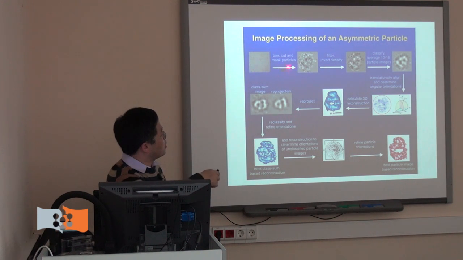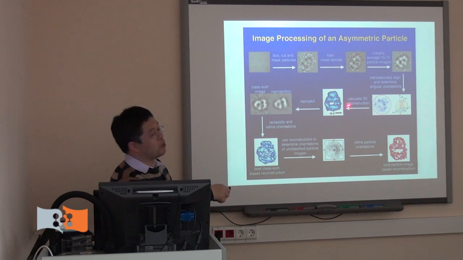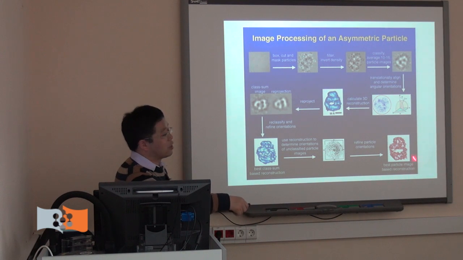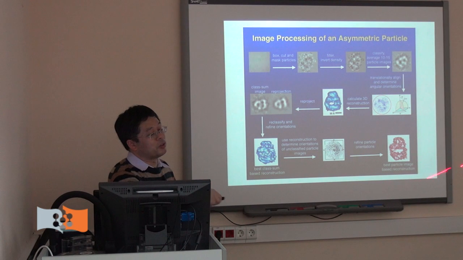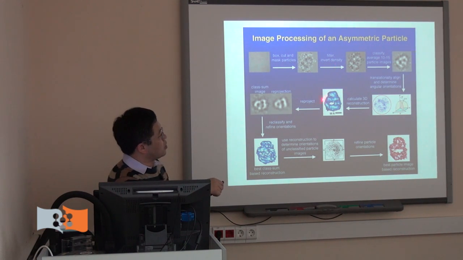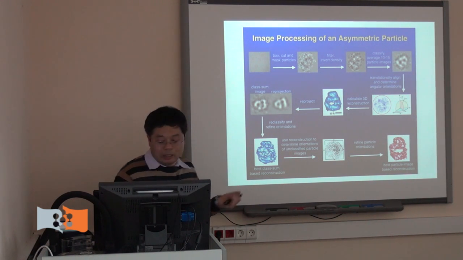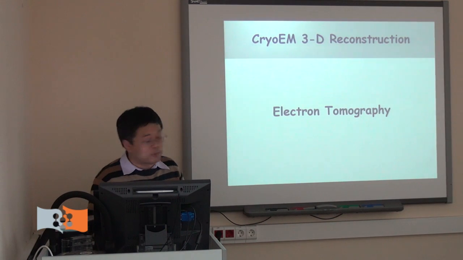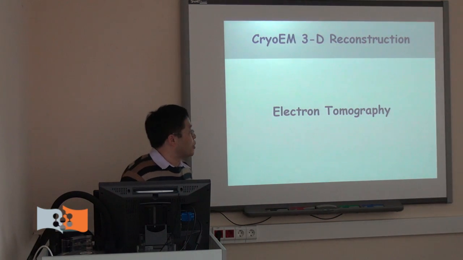You get a coarse 3D model, and finally get the final 3D map. This is an overview of the single particle image processing. Basically, you do the classification, do the initial 3D construction, then do the refinement, and finally get your final model of the 3D shape. This is how single particle analysis works.